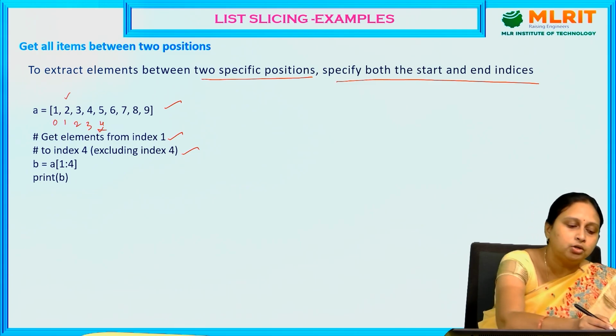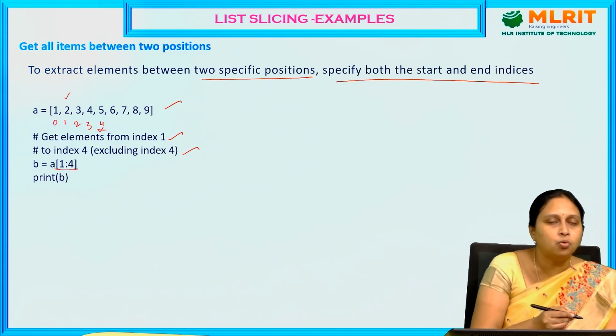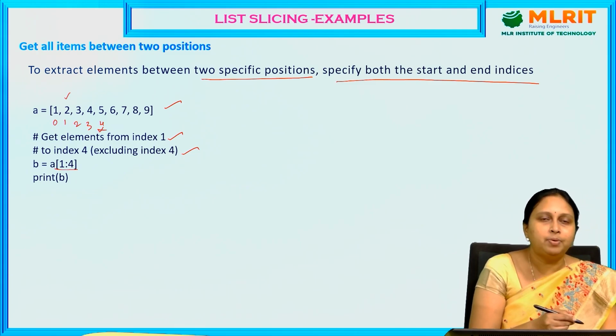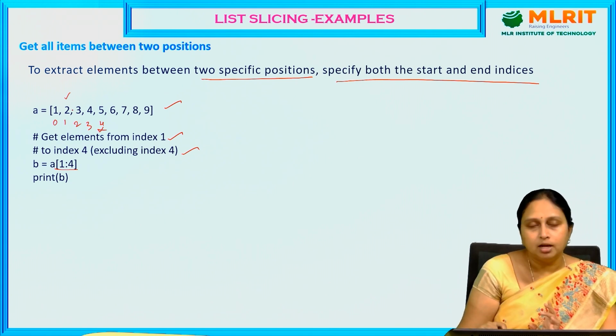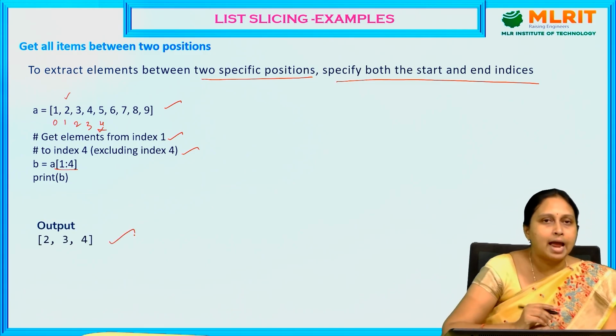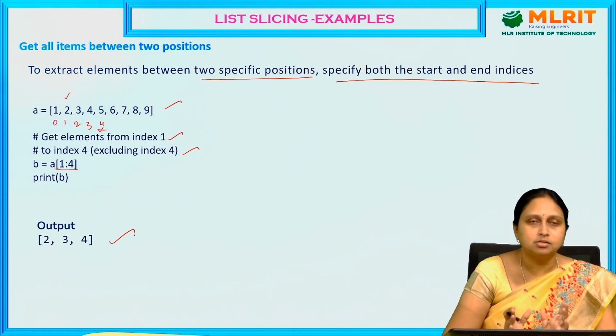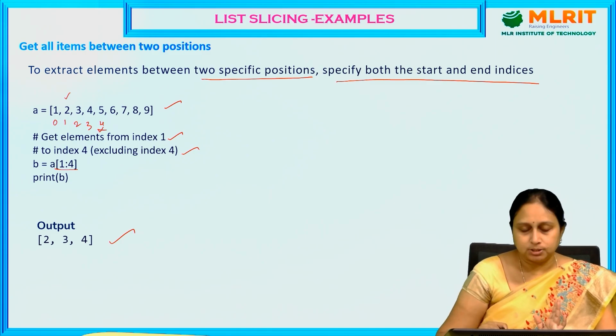If I give a of 1 colon 4, it will be printing the values from 1, that is 2, 3, 4 will be printed and the remaining will be excluded, right? This is how we are going to get all the items between two positions.